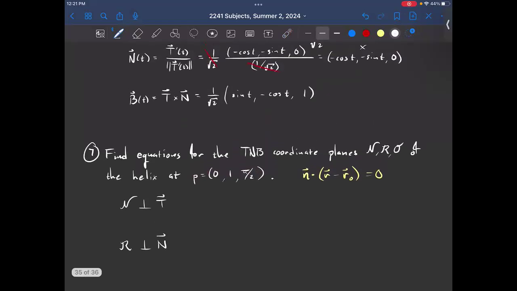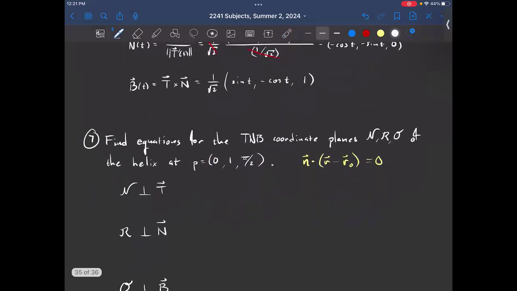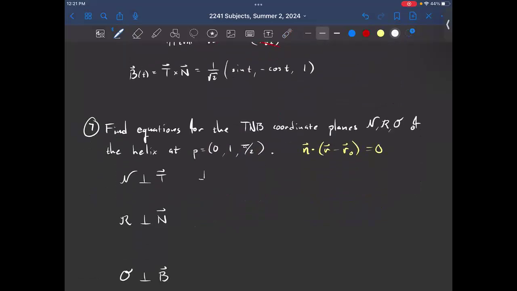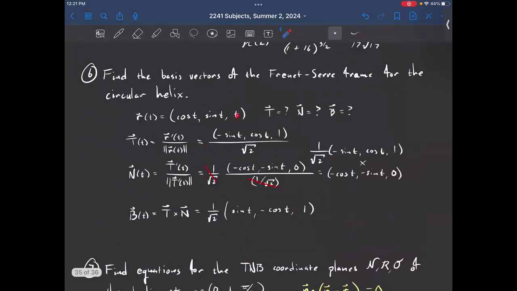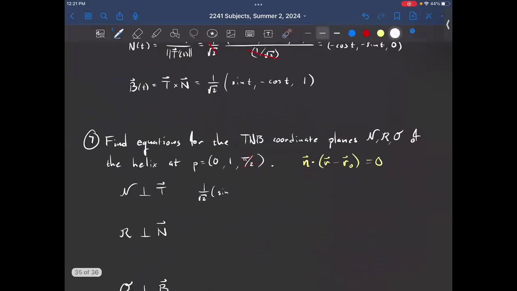what is our T vector? So our T vector is 1 over root 2 times the sine of, okay, what t value does this correspond to? Well, note that last coordinate is t based on this vector equation. And so our t value is pi over 2.